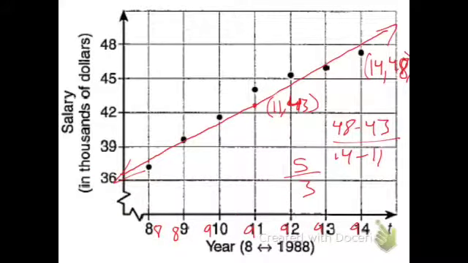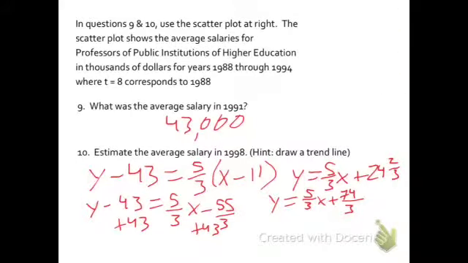18. So this x is going to get replaced with 18. I'm going to do y equals 5/3 of 18 plus 74/3.